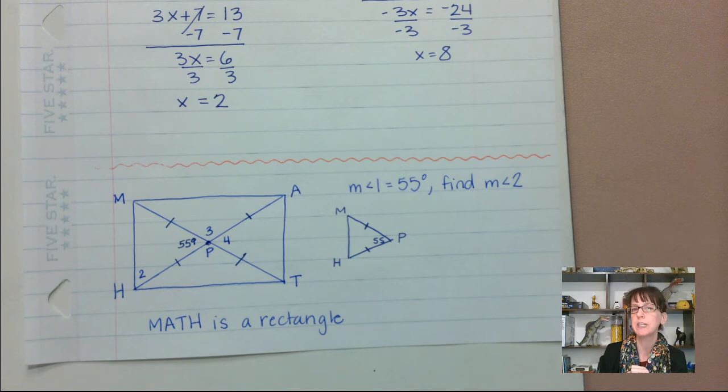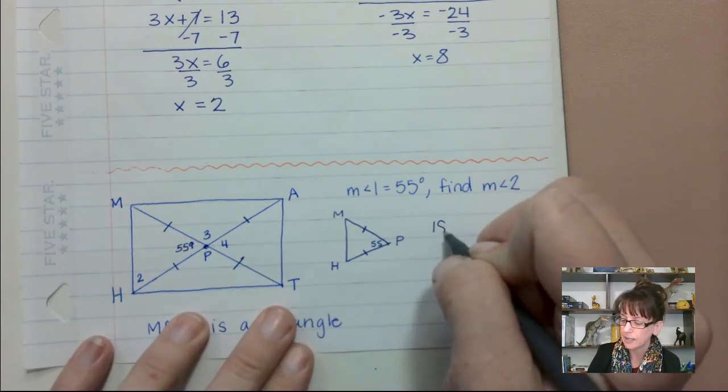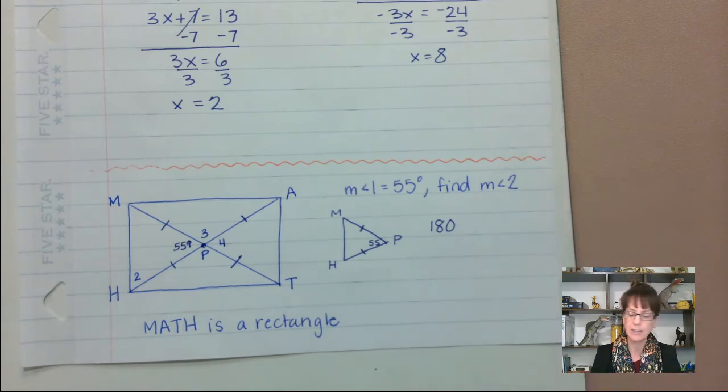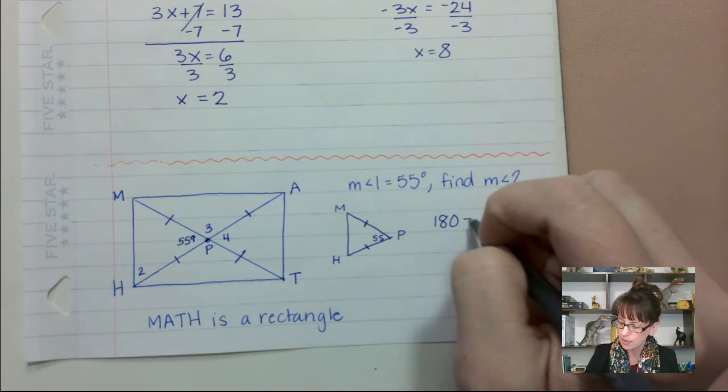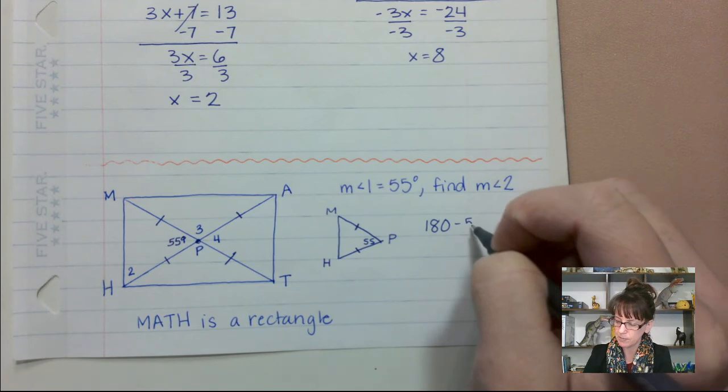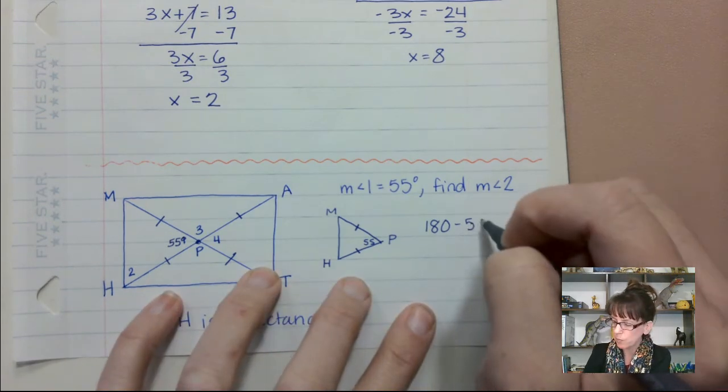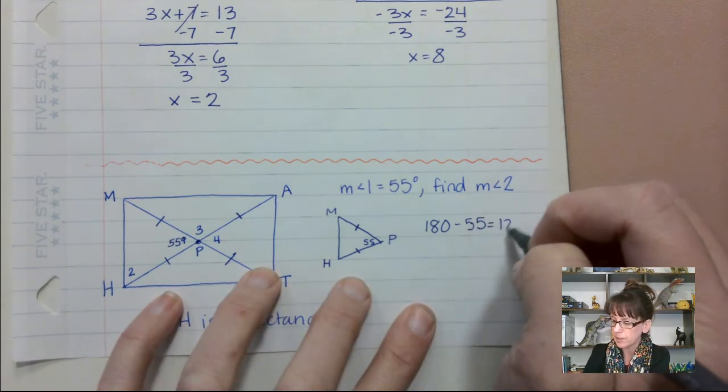So what we have to do here is, we know that we have 180 degrees in a triangle. So if we take 180 and subtract that 55 degrees right there, that leaves us with 125.